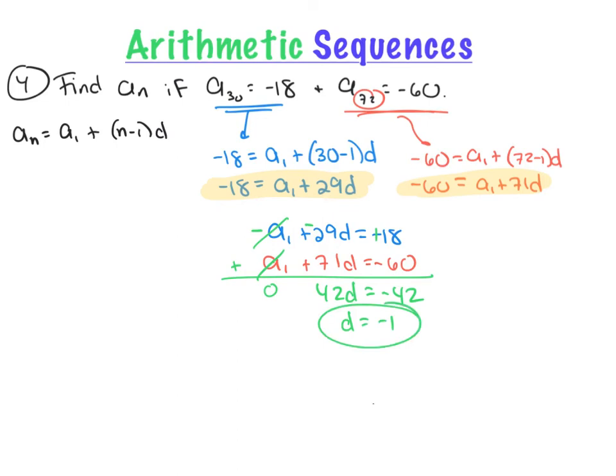And then remember, to figure out what AN is, plug that into any equation that has A1 and D. I think I'll use the top equation just because the numbers are a little smaller. A1 plus 29D, so 29 times negative 1, equals negative 18. A1 minus 29 equals negative 18. When we add 29 to both sides, we get 11.